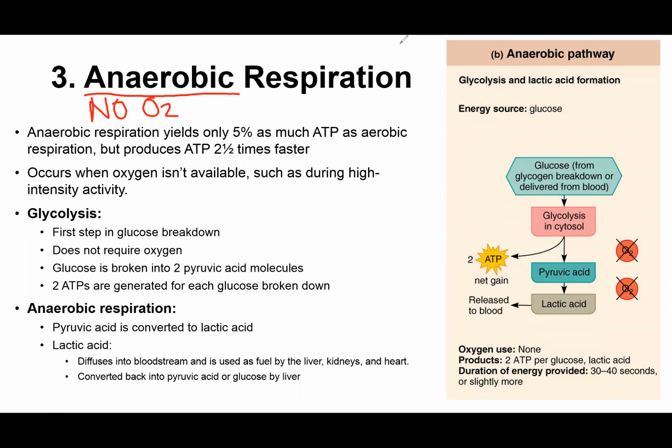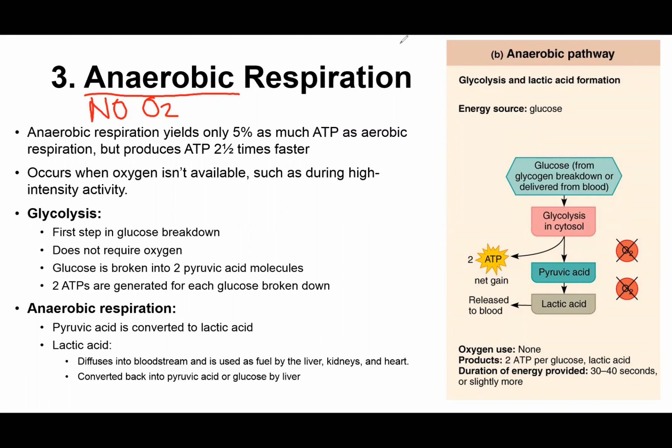Now, anaerobic respiration only yields like 5% as much ATP as aerobic respiration, but the plus side is that it makes ATP at a rate that's 2.5 times faster than aerobic respiration. So anaerobic respiration is used when oxygen isn't available, such as whenever you're doing high intensity activities.